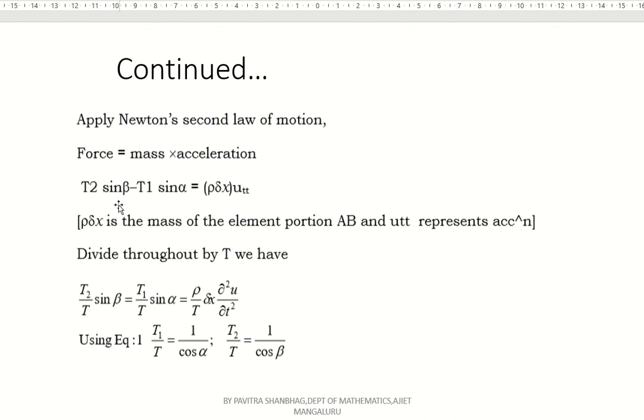Now, divide throughout by capital T. Then what will it give us? T2 by capital T sine beta minus T1 by T sine alpha equal to rho by T delta x into dou square u by dou t square. Okay, but what is meant by T1 by T and T2 by T, we have already mentioned in the previous case.